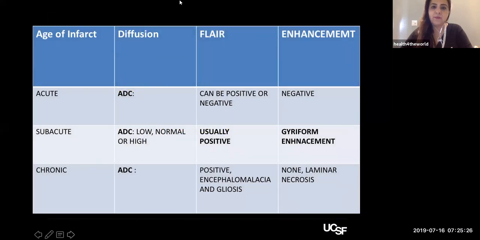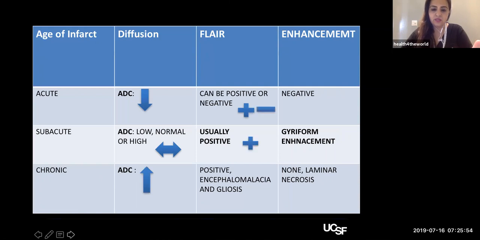So this is how the MRI evolves in acute, subacute, and chronic. In the acute stage, the ADC is decreased. In the subacute stage, the ADC can be low, normal, or high. And in the chronic stage, the apparent diffusion coefficient increases. The FLAIR can be positive or negative in the acute stage.